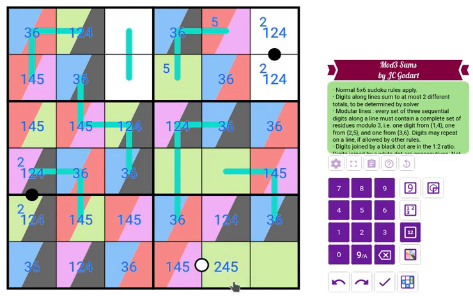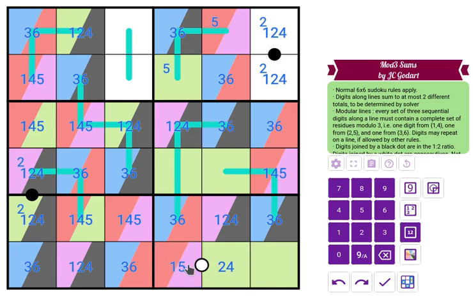Now this one here from this box goes there and goes here. So there's no 5 in there. So 4, well, can't be 3 nor 5, so there's no 4 in there.